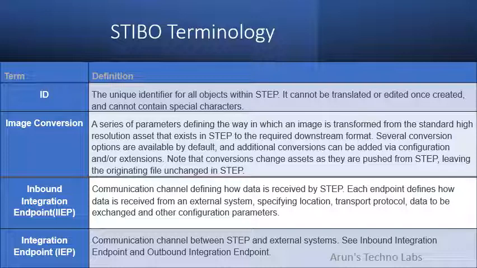So the images we push or download keep the clarity of the image at high resolution without loss. We use the term image conversion for this. This is part of the attributes we can create as part of attribute creation.